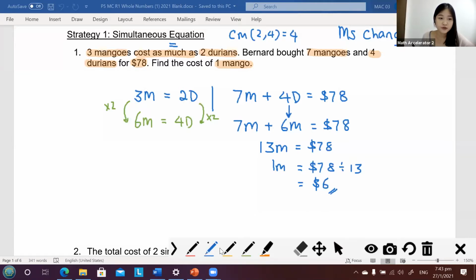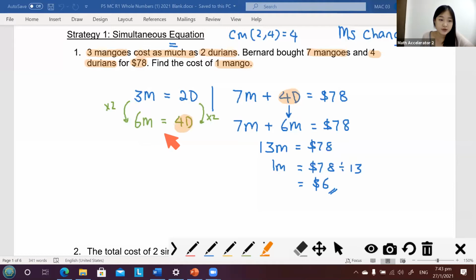So for those of you who are late, I repeat again. You write down your equations first according to the sentences here. From 3m equals 2d, you multiply by 2 because we want to change the 2 durians such that it is 4 durians, so it matches the other side here.